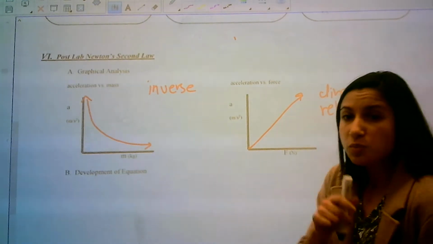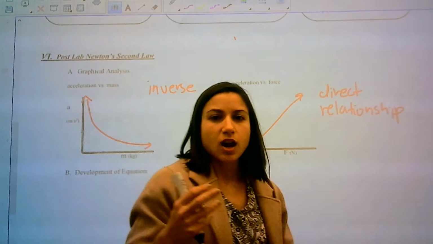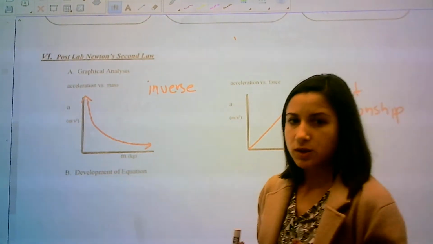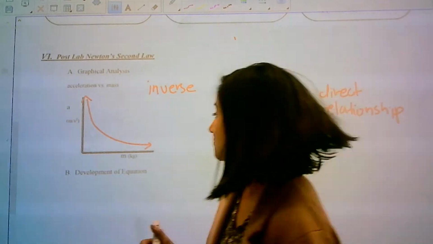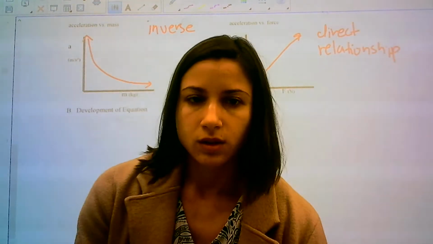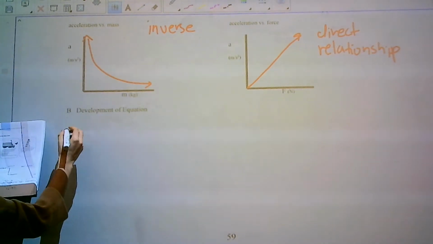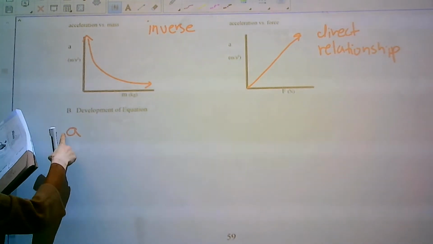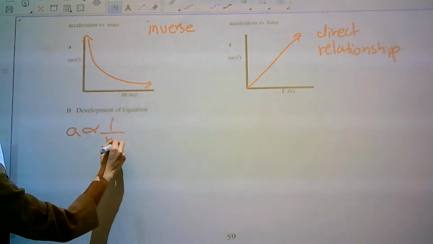Awesome. So based on what we're seeing in these graphs, based on that week we spent on our simulation, we're going to start to develop an equation from the ground up. So what we can say from this graph is that a, or acceleration, is proportional to 1 over m.